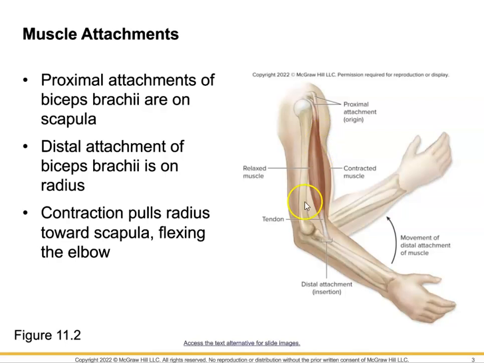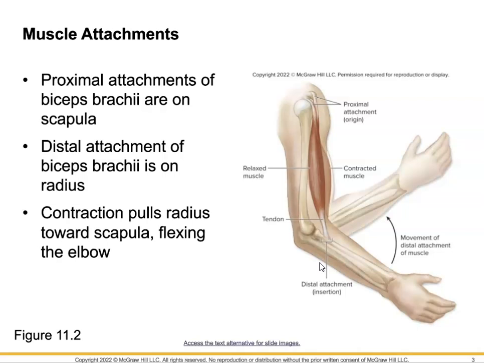When this muscle contracts, the fibers are going to shorten, and that's why the muscle pooches up. But that is pulling on both of these bones. Which one moves? Exactly. The lower arm, the forearm, moves toward the shoulder. The shoulder does not move toward the forearm.